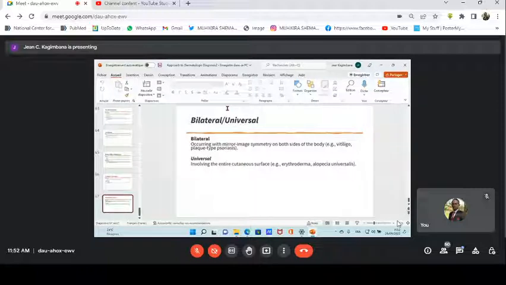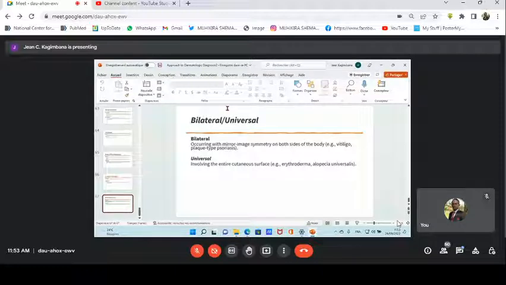Questions? My question is about the photodermatitis. Yes. I would like to ask about autoimmune disease like lupus, which is associated with photosensitivity. How do you differentiate that photodermatitis from those autoimmune diseases which show photosensitivity?